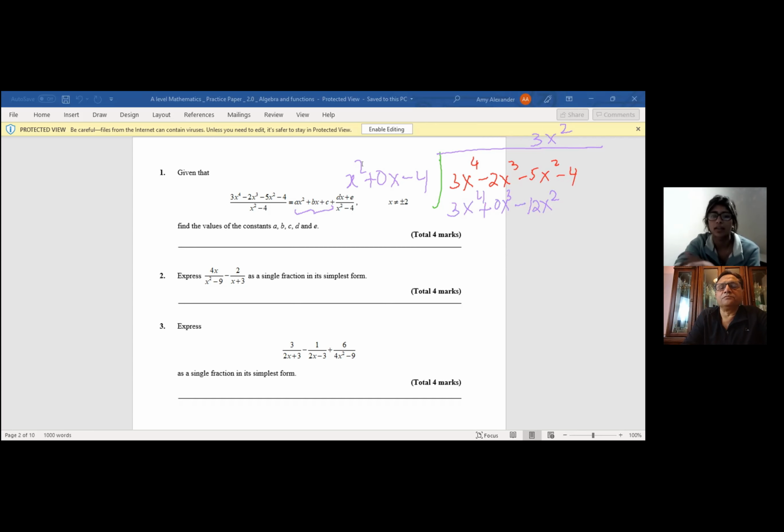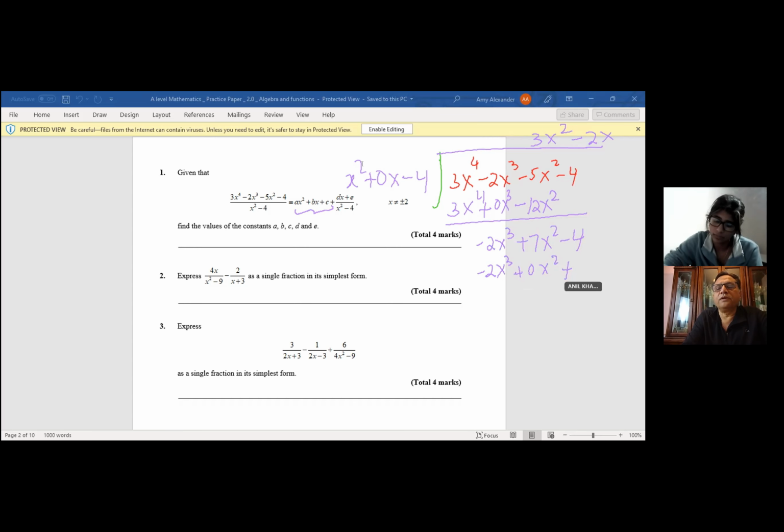This is not a difficult step, but this gives you minus 2x cubed, and that gives you 7x squared minus 4. Now that will go with 2 times minus 2x. Right? So we get minus 2x cubed plus 0x squared, minus and minus becomes plus.